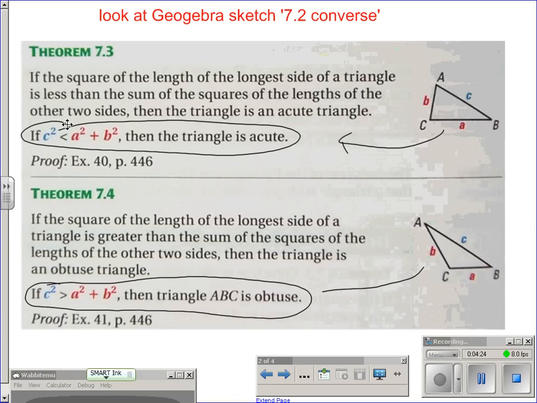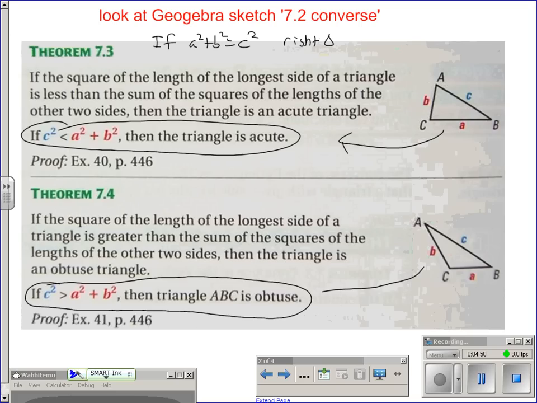So what we're looking at is you have a triangle, you have three sides of the triangle. You want to know, is this triangle a right triangle, an acute triangle, or an obtuse triangle? So if a squared plus b squared equals c squared, c being the longest side, if that's equal, you've got a right triangle.